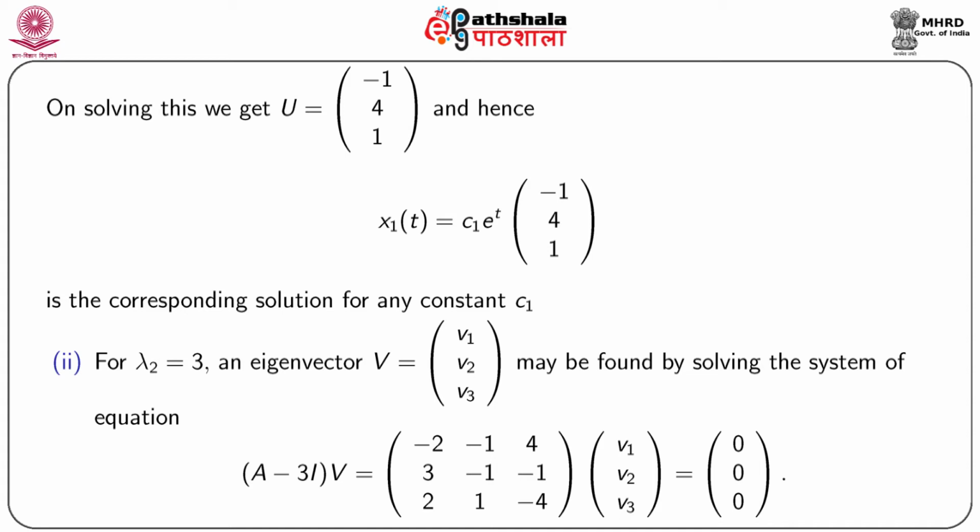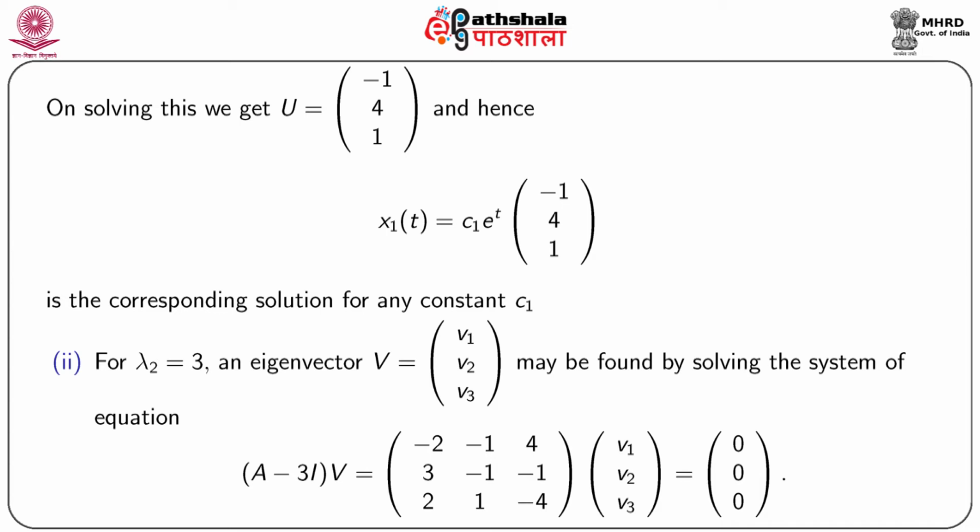If you substitute these values in this equation, you will see that they are satisfying this whole system of equations, and hence we can conclude that u equal to minus 1, 4, 1 is a solution of this system of equations, and hence it is our required eigenvector corresponding to the value lambda 1 equal to 1.